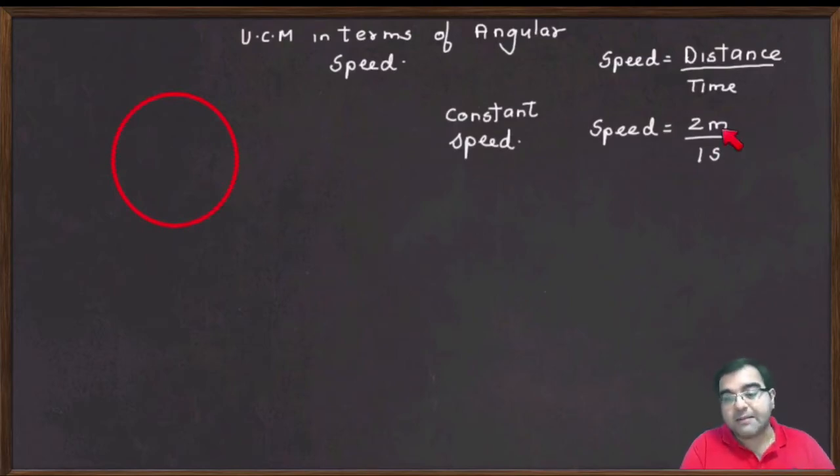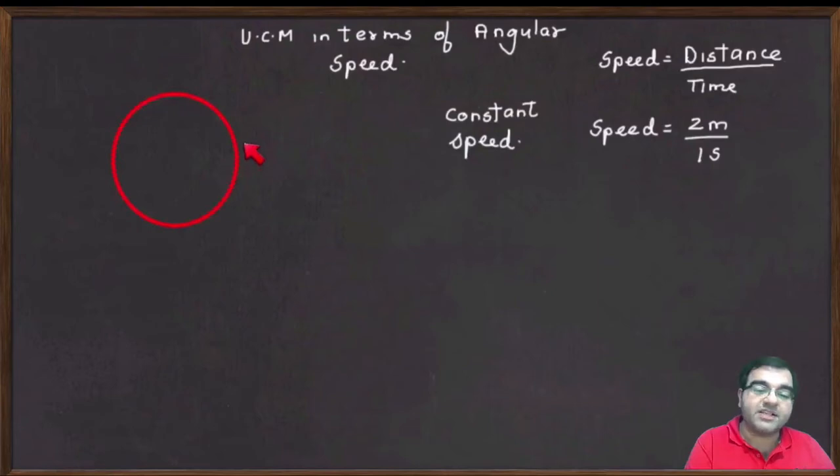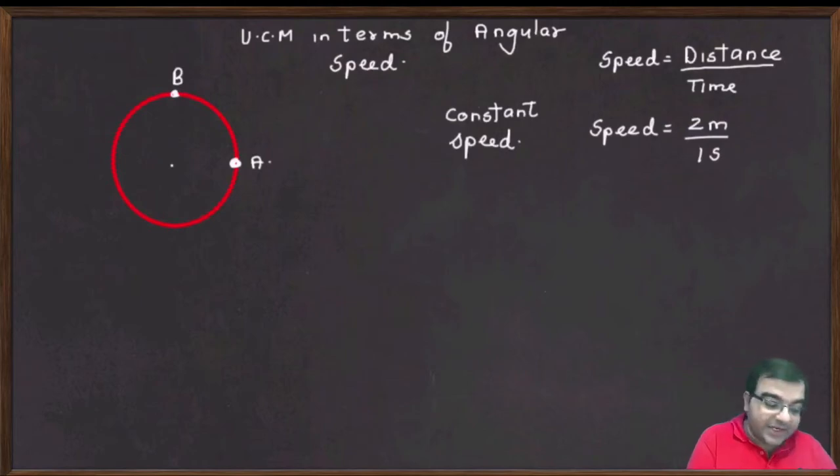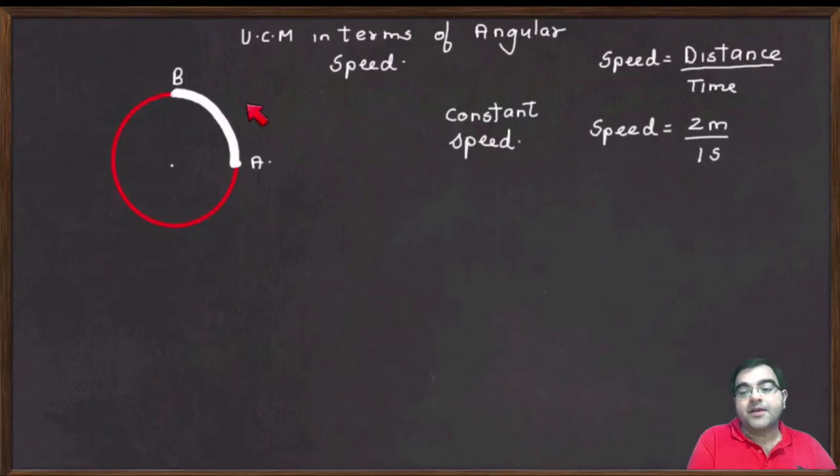Let's say, for an example, that this body which is performing circular motion here covers 2 meters in 1 second. How much is it covering? 2 meters in 1 second. Now we'll draw this visually. Let's say initially the car is at point A. In the first second it reaches point B. So from A to B the time required was 1 second, and we know that this distance is 2 meters because the speed of the car is constant, that is 2 meters per second.